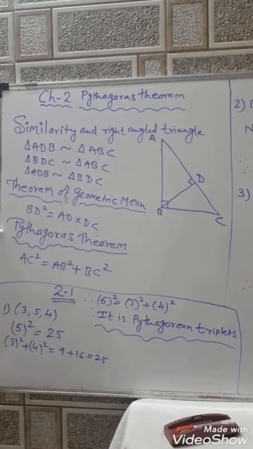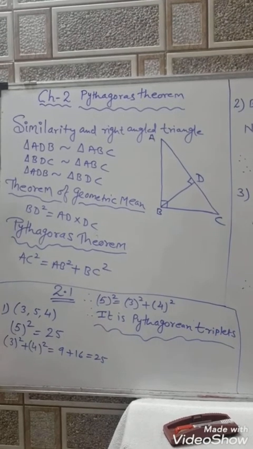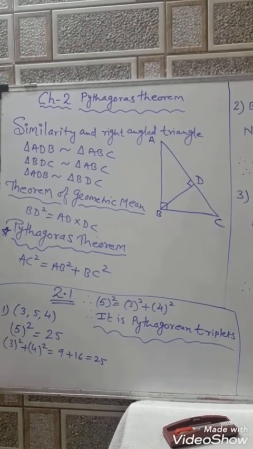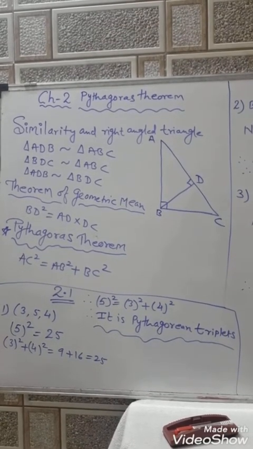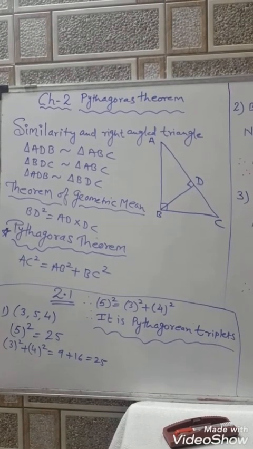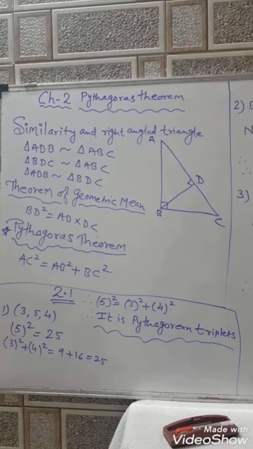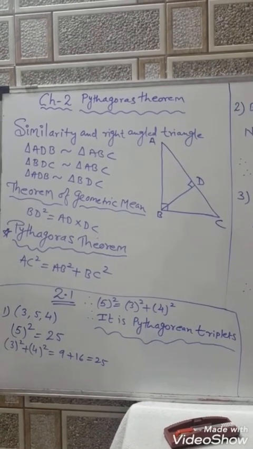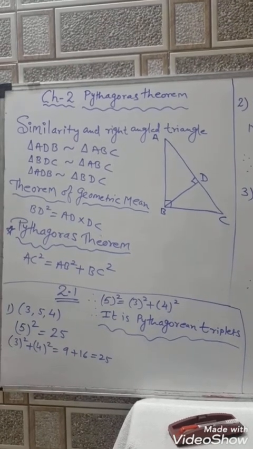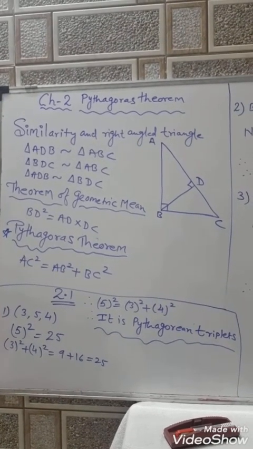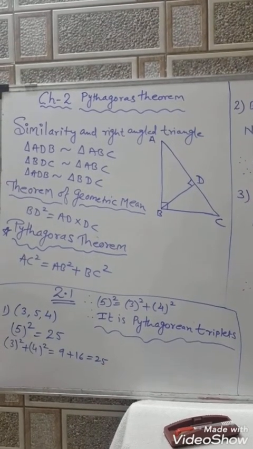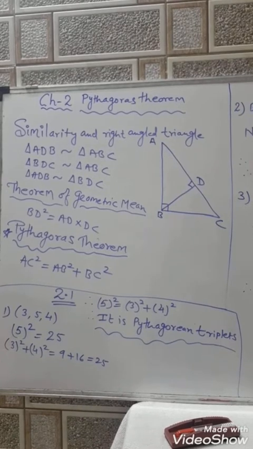Then our important one is the Pythagoras theorem. It's the most important theorem. We already know how to use the Pythagoras theorem, but we don't know how to prove it. Its proof is given on page number 34 of your textbook. In a right angle triangle, the square of the hypotenuse equals the sum of the squares of the remaining two sides.